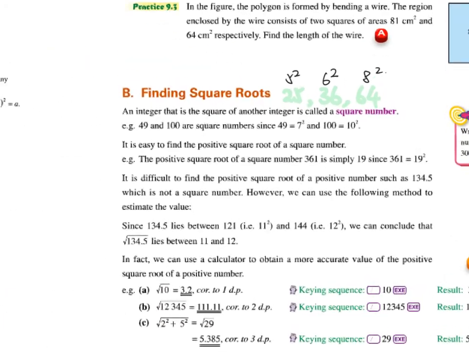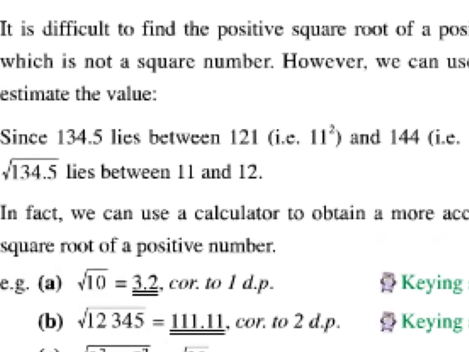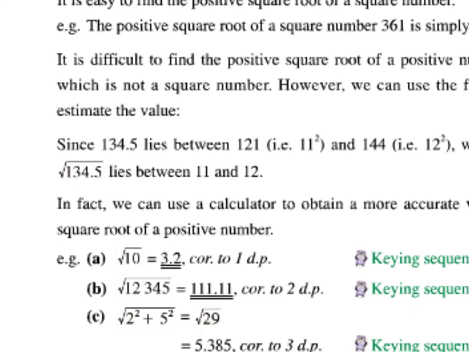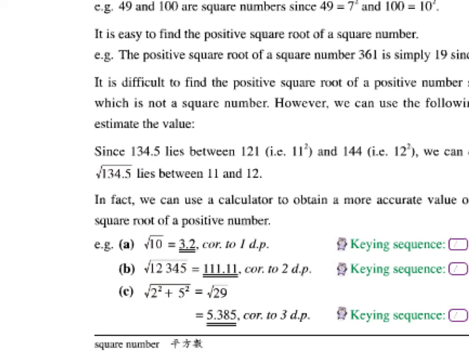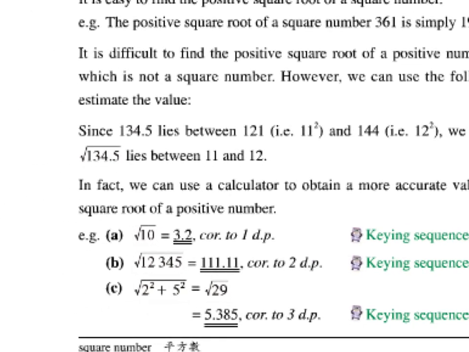Now square numbers seem not very important because we have calculators, but in the past we didn't have calculators. We could use square numbers to guess the square root of a decimal number. For example, in your textbook, they demonstrate 134.5. When we take the square root, what numbers is it between?